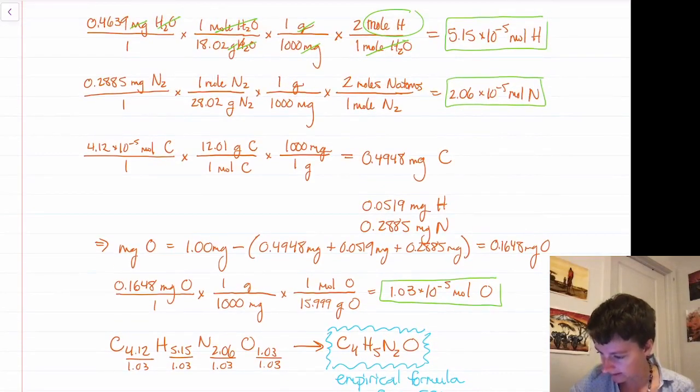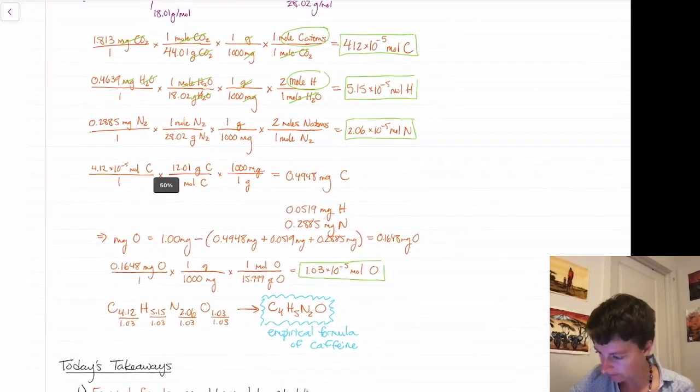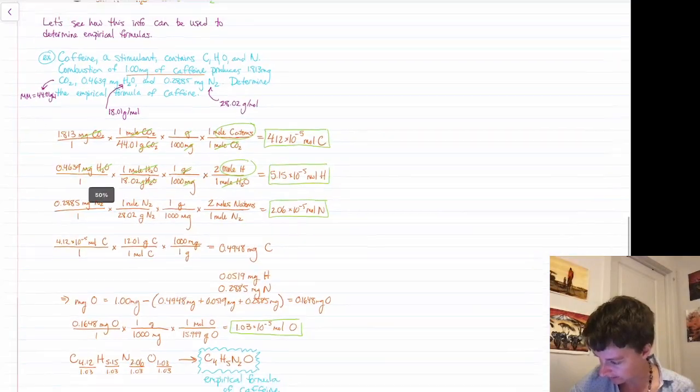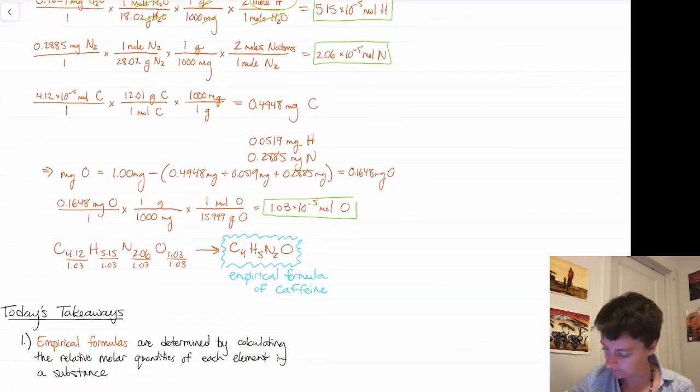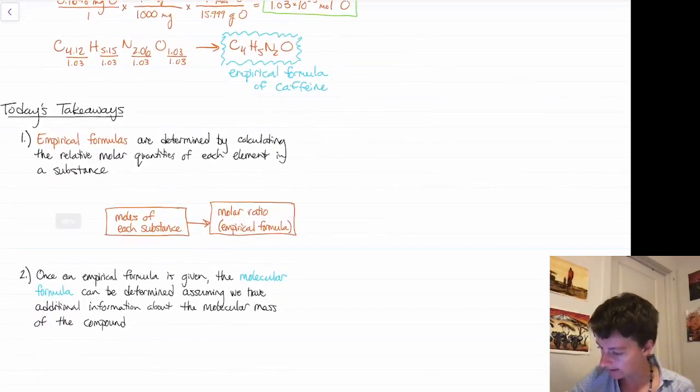I expect that it will take a couple of instances of doing a problem that involves combustion analysis before you feel totally comfortable with the process. And that's okay. It's fine to take a problem and then watch through this video a second time, step by step, to make sure that you can do this process yourself on a different type of molecule. But in the meantime, I'm going to end us for today with a few takeaways.